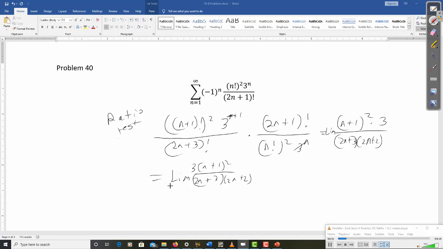A rational expression will just go to its leading coefficients over each other as n goes to infinity, if they have the same power, which these do. Squared on top, squared on bottom. So that's just going to be 3 over 2 times 2, which is 3 over 4. That is less than 1. Our rho is less than 1, which was the condition for absolutely convergent.